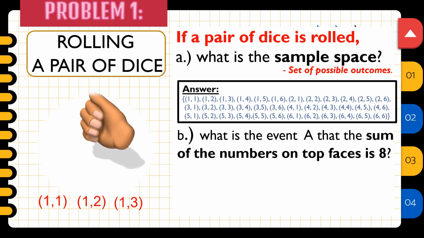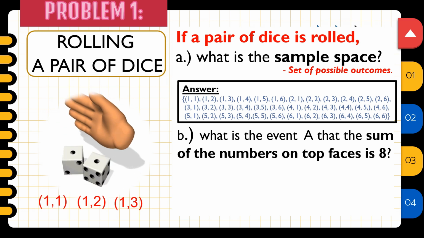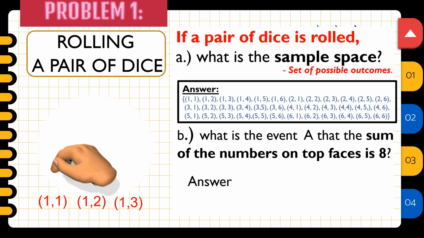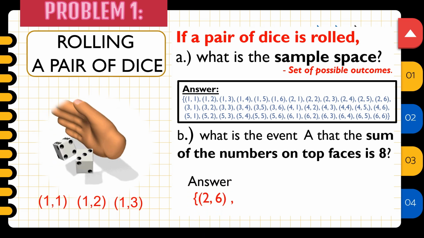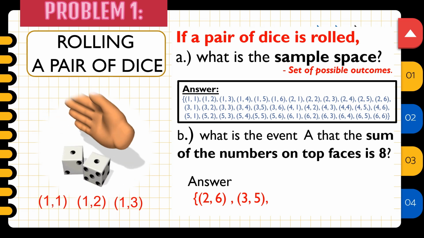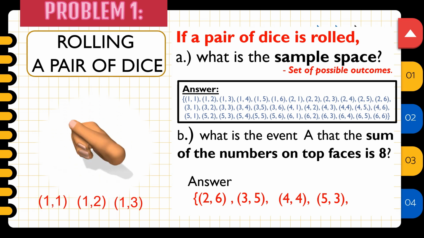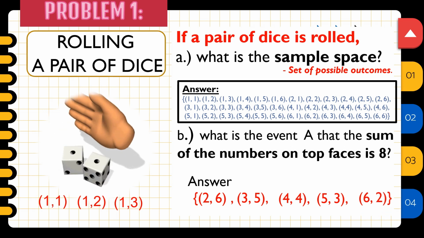Now look at the pairings that has been listed in our sample space. You check the pairing that will give you the sum of 8. Yes, we have the first one is 2 and 6, that is 8. Also, we have 3 and 5. We also have 4 and 4, 5 and 3, and for the last one, your 6 and 2.